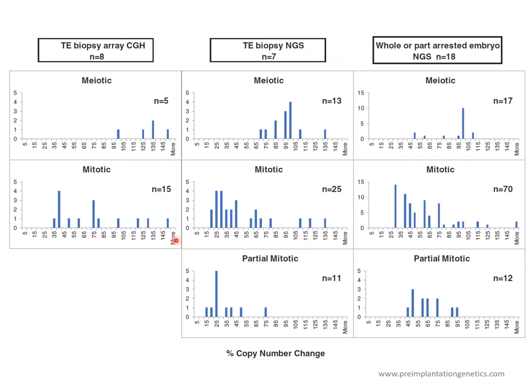These are the results from 7 trophectoderm biopsies in which there were 38 whole chromosome copy number changes, which when we looked at the karyomap patterns, we could see evidence for meiotic changes in 13 of these changes, but in the other 25 they were all mitotic.